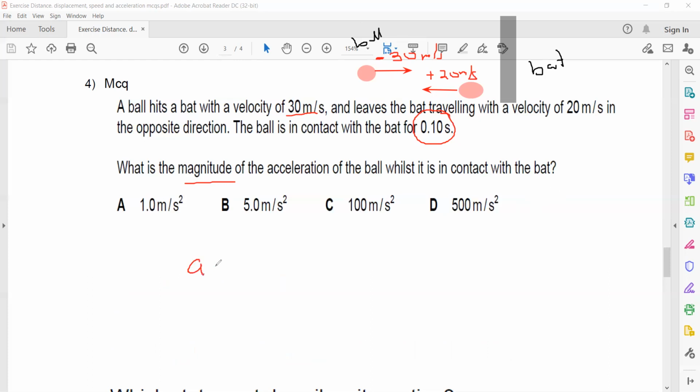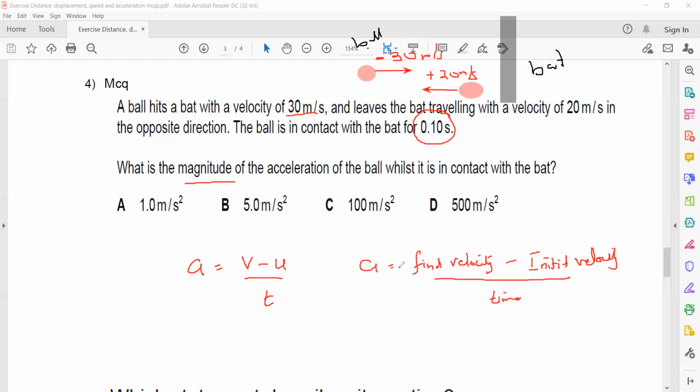So acceleration is equal to v, I can write as a symbolic representation, or I can use final velocity minus initial velocity divided by time interval. Any one of them you can use, a word equation or a symbolic representation. So what is the final velocity here?